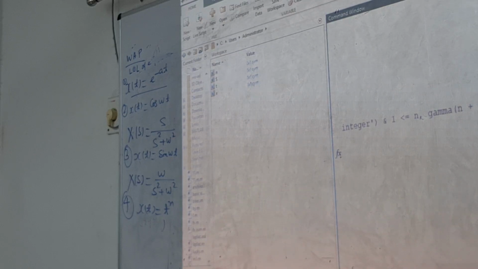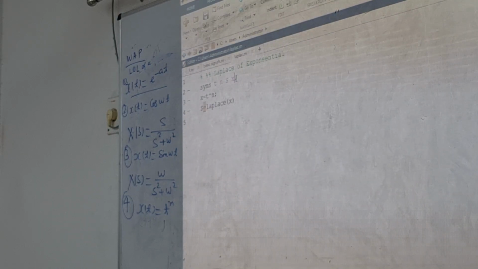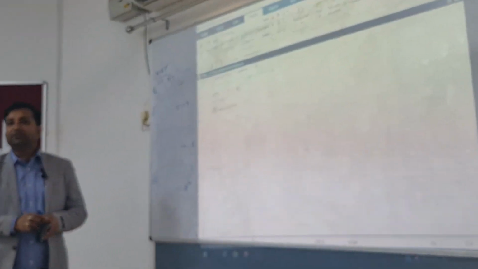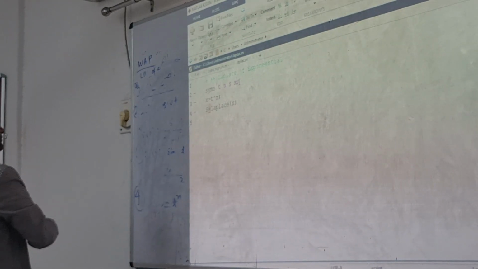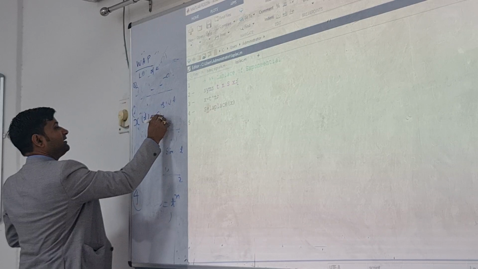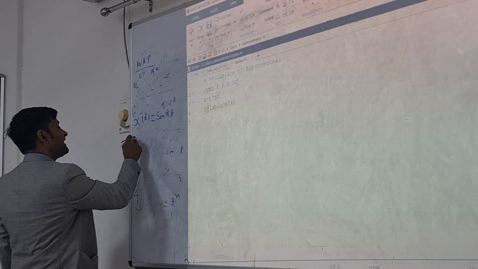Then another question is to find out the Laplace transform of the hyperbolic function. Hyperbolic function means you define xt is equal to sinh t. There are some other standard functions like xt is equal to sinh t, and you find the Laplace transform of this hyperbolic function.